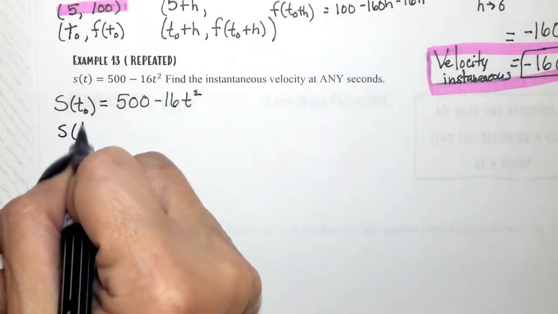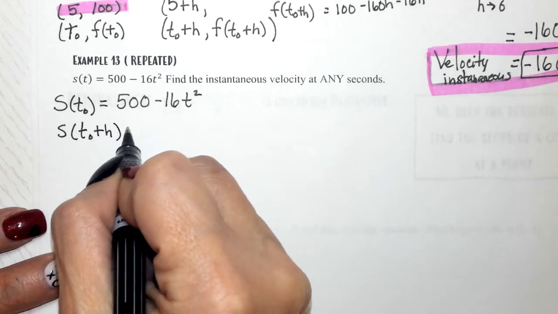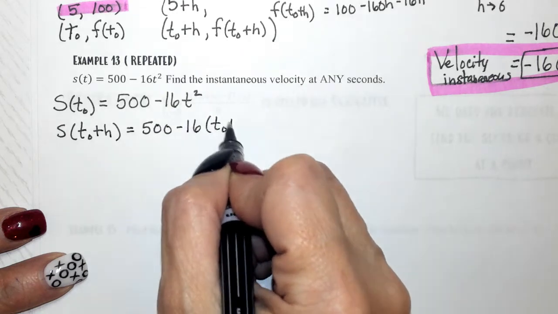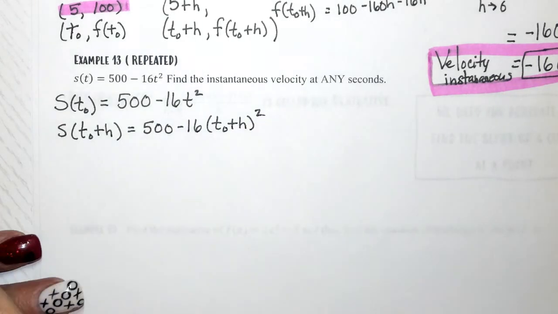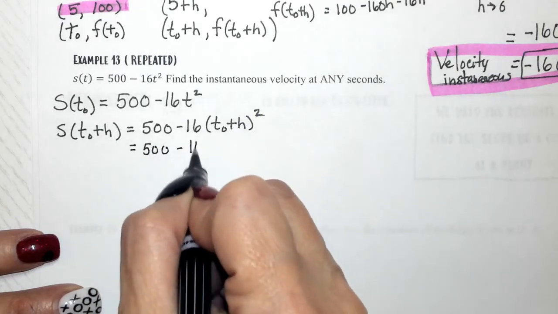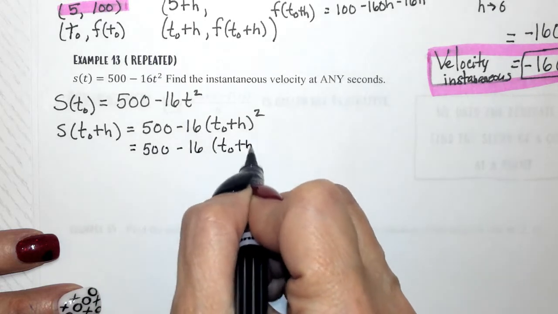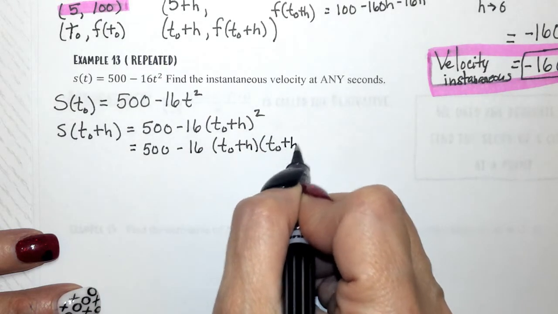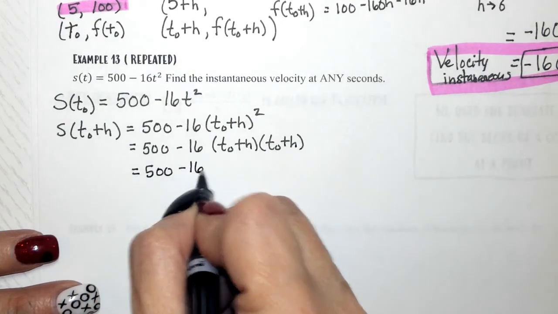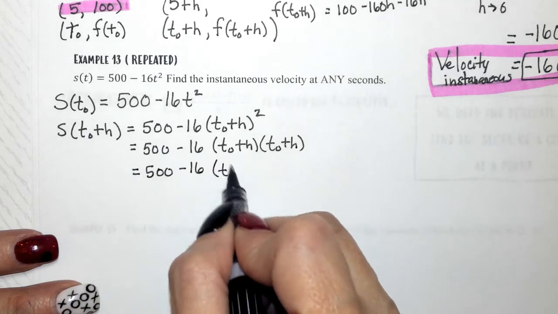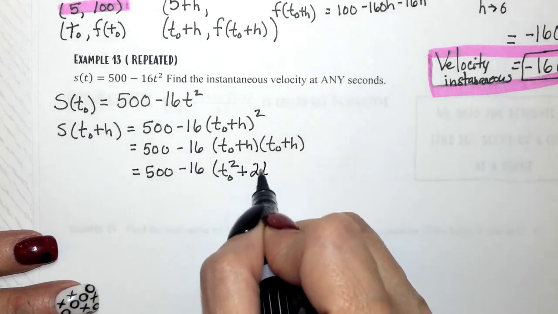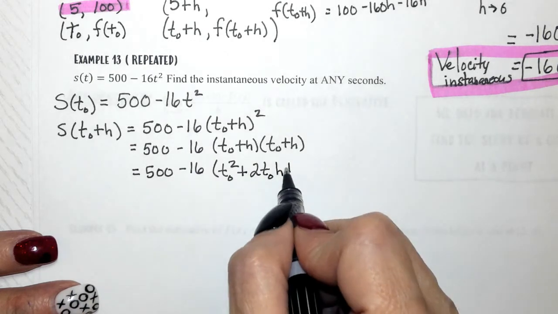And then we're going to do s of t naught plus h, which would be 500 minus 16 times t naught plus h squared, right? Let's see if we can simplify that. That would be 500 minus 16 times t naught plus h times t naught plus h. Let's go again. 500 minus 16 times t naught squared plus 2 t naught h plus h squared.